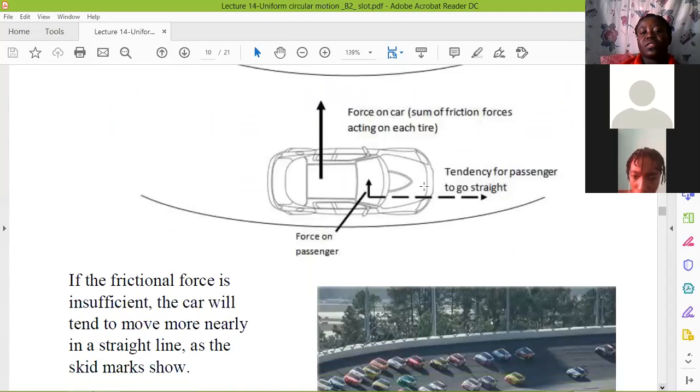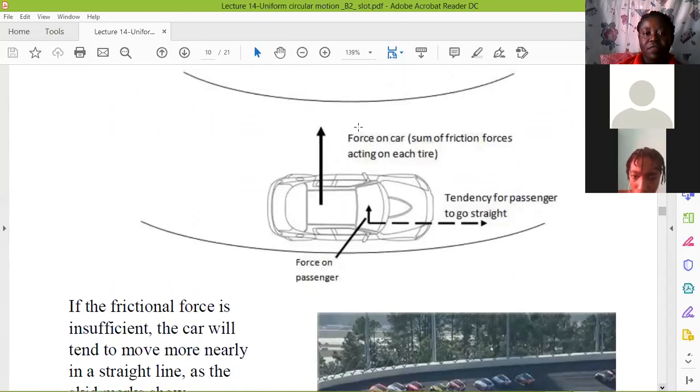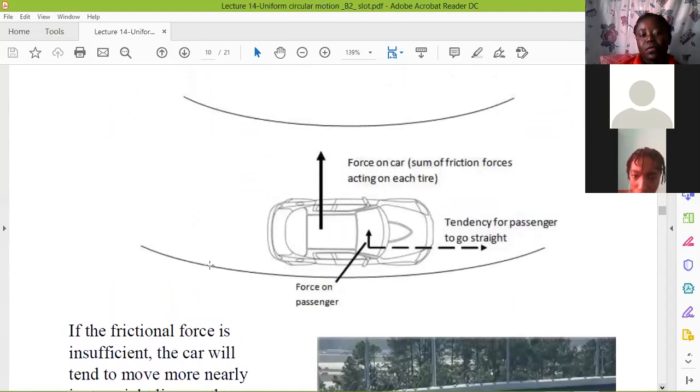Then here you see if you have a car going in circular motion, and you are inside the car, this is the force on the passenger, which means the tendency for the passenger is to go straight.